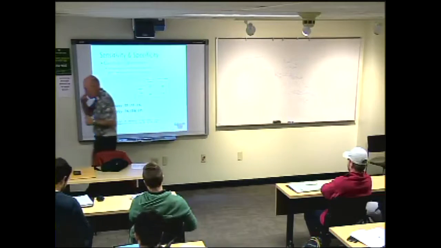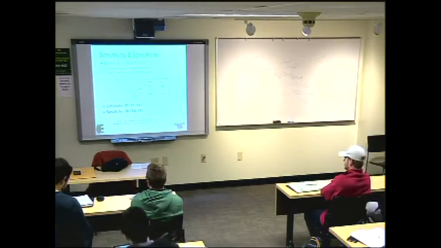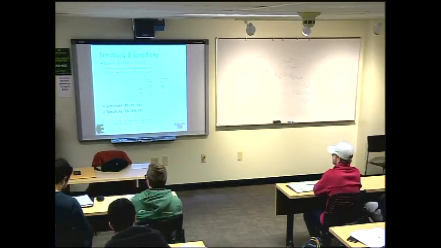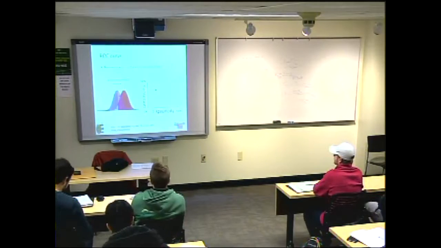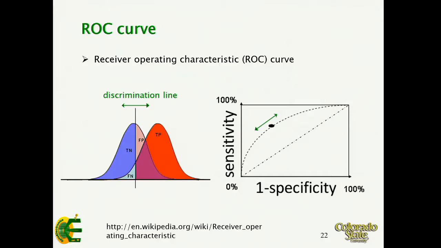Now, there's some curves that are used to talk about how dire that trade-off is, in terms of a receiver operating characteristic curve. And that's what this slide is talking about. So I want you to imagine that the negative cases that we have are shown by this bell curve up here. In our sensors, you might imagine that this is the reading for a negative, but there's a bunch of noise on it that kind of smears it out, okay?